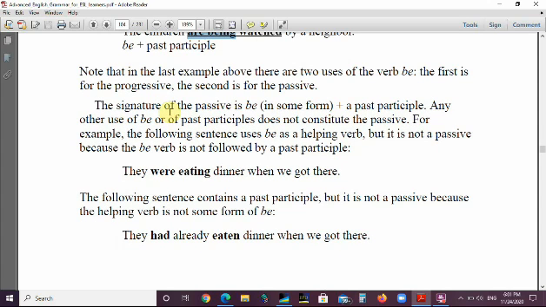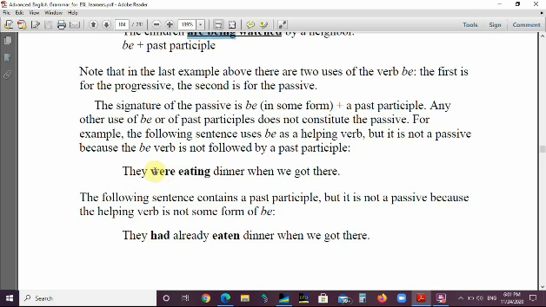The signature or the form of the passive is be in some form: be, am, is, are, being, and so on, plus past participle. We all know this. Any other use of be or of past participle does not mean the passive. For example, the following sentence uses be as a helping verb, but it is not a passive because the be verb is not followed by a past participle.